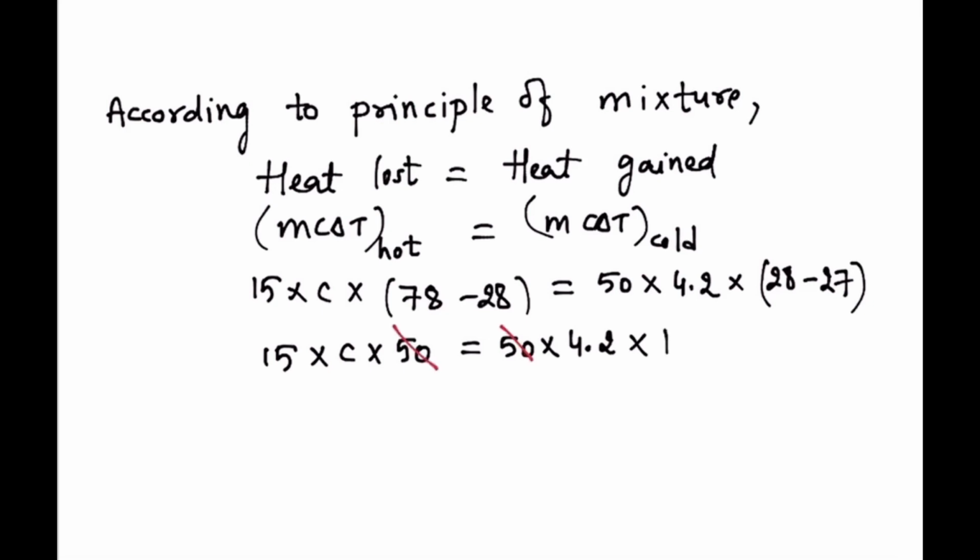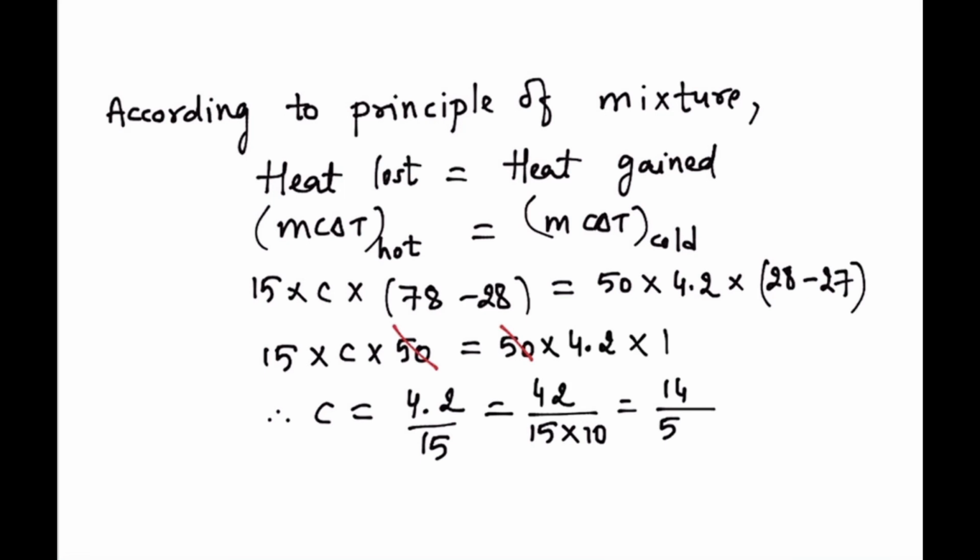50 and 50 cancel. So we get the specific heat capacity as 4.2 upon 15, or 42 upon 15 into 10, that is 14 upon 50, that is 28 upon 100.